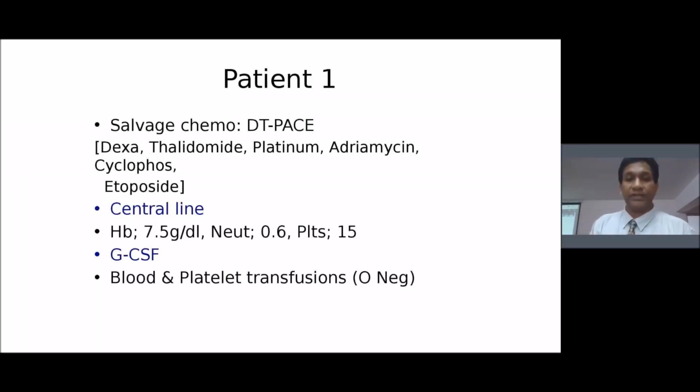Now, to give these very toxic regimens, you have to get him into hospital, and you have to give it through a central line, okay? Because in this particular regimen, you'll have 4 separate infusions running into him continuously for 4 days, right? So he's going to need lots of IV access, including a central line.